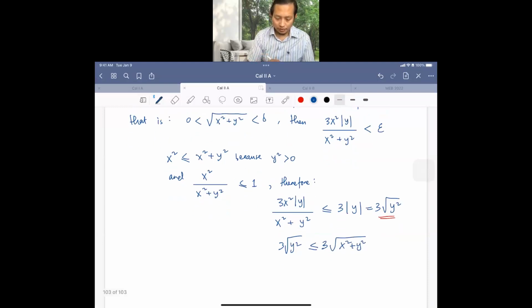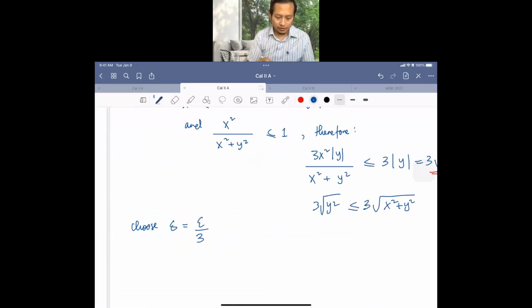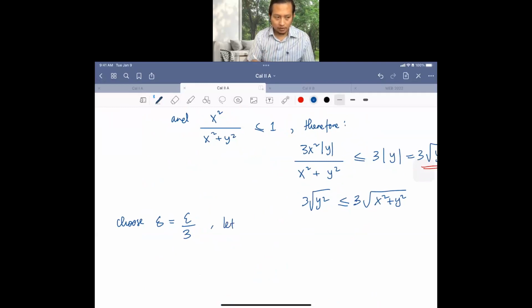Now we choose delta equal to epsilon over 3. Okay, because I think it's an obvious choice because it's having a 3 here. So we choose epsilon over 3 and let the square root of x squared plus y squared be less than delta. Then we put back our original equation.